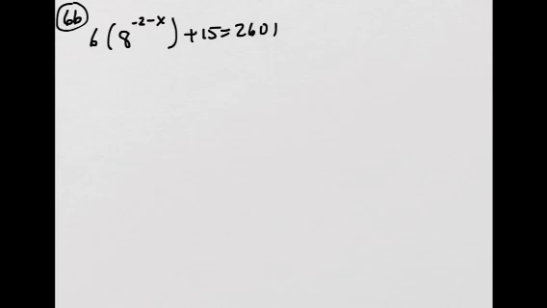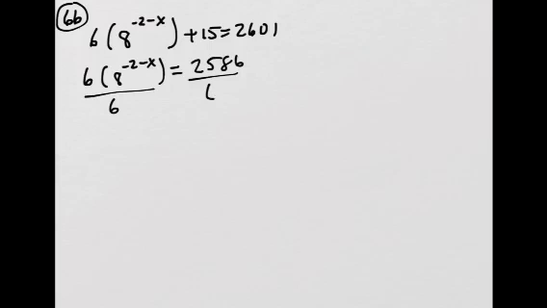Alright, so the first thing I'm going to do is subtract 15 from both sides, so the 6 stays there for now. And so 2,601 minus 15 gives you 2,586. So now we divide by 6 because you want to isolate the 8 with the x in the exponent.